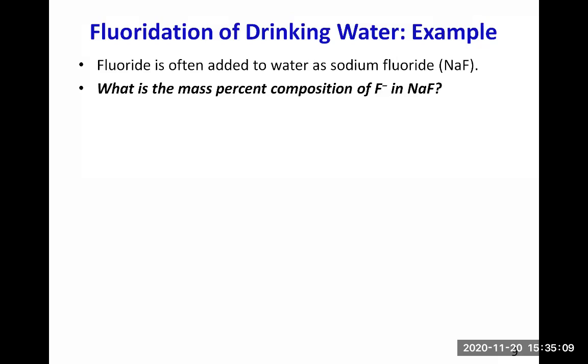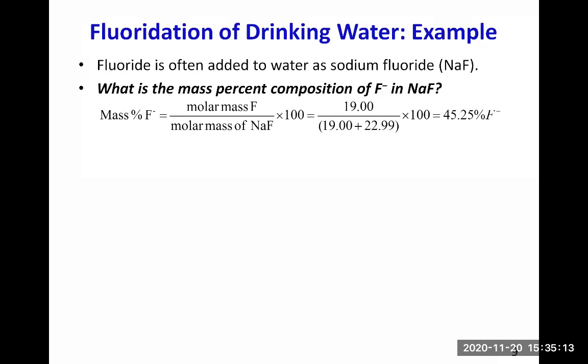So to calculate the mass percent of fluoride in NaF, you take the molar mass of F, and here there is only one F per formula, so just 1 times the molar mass of F over the molar mass of the compound, and here it's NaF, times 100. So the molar mass of fluorine is 19.00.